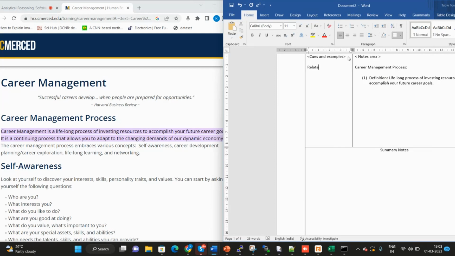Related concepts அப்படின்னு ஒன்னு சொல்றாங்க, ரைட்டா? Yes, ma'am. So அதுல என்ன சொல்லிருக்காங்க? Self awareness, career development, planning career planning, exploration, lifelong learning and networking.